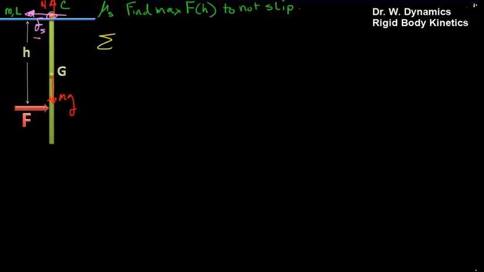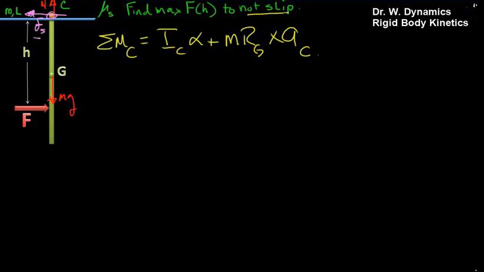Let's do the sum of the moments about C is equal to I_C alpha plus m r_G cross a_C. At first, this equation does look intimidating, but if it's not going to slip, point C can't move. We have a pinned rod, basically, and a sub C is 0, and this cleans up quite nicely. So we end up with the sum of the moments about point C is simply I about C alpha.